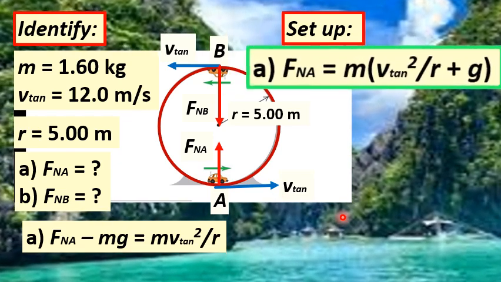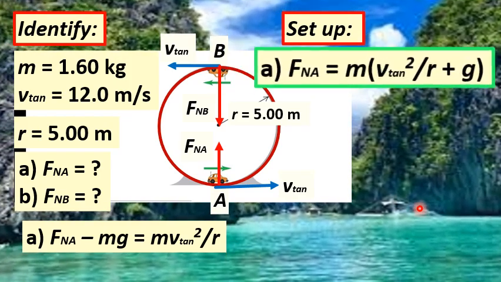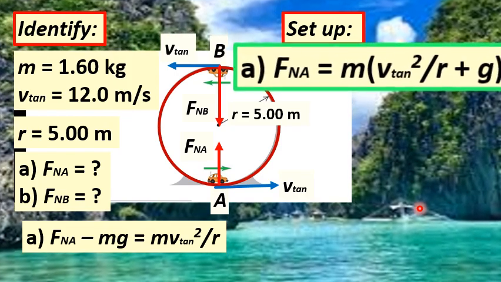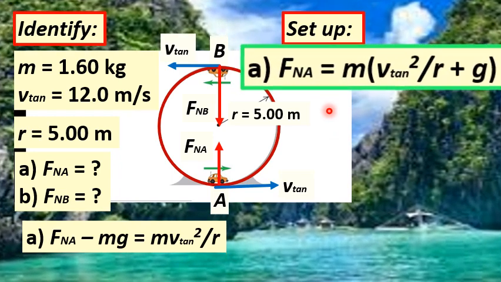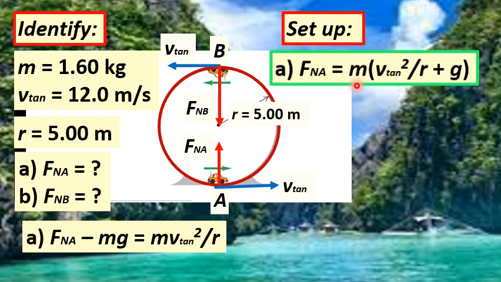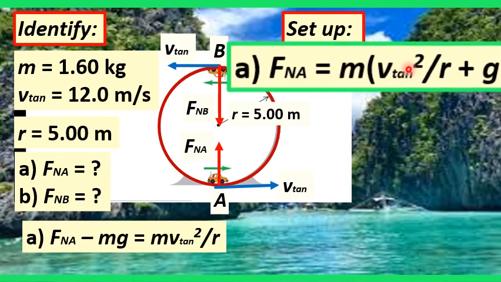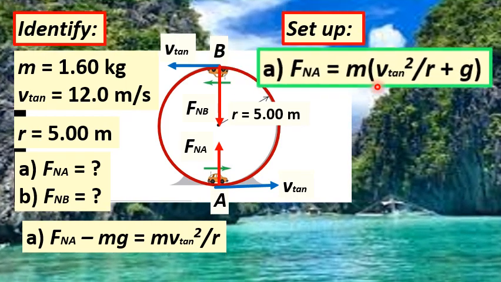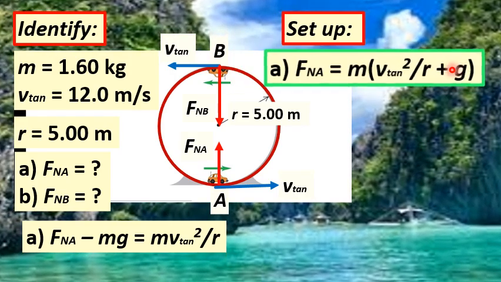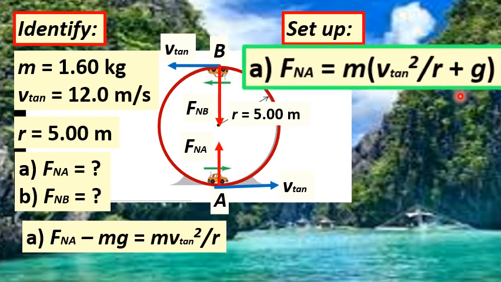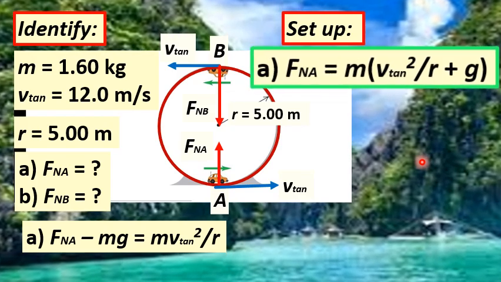So it will become mg plus mv squared over r, or factoring out the mass m, we now have this working equation for finding the normal force at point A. That is, F sub NA is just equal to the mass of the toy car times the quantity square of the tangential speed, denoted by v tan squared, divided by the radius of the circular path plus acceleration due to gravity, small g.